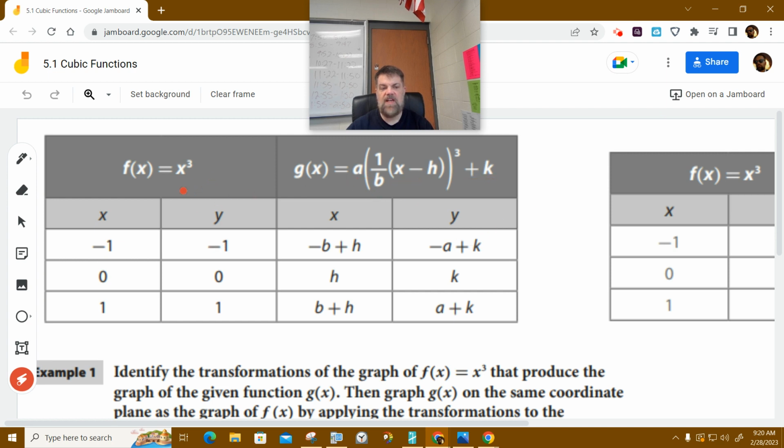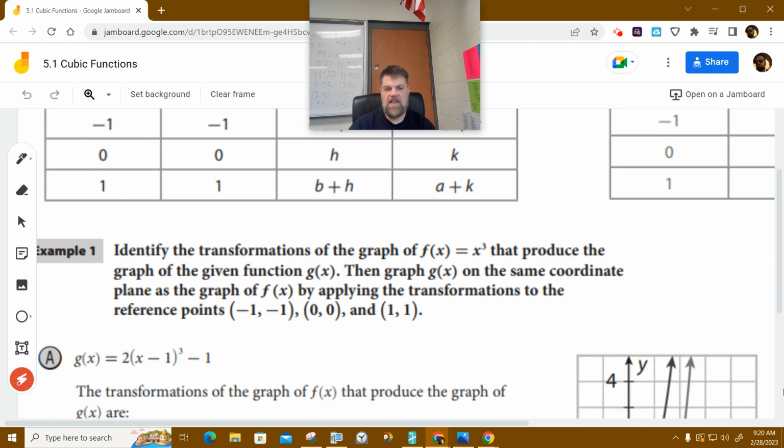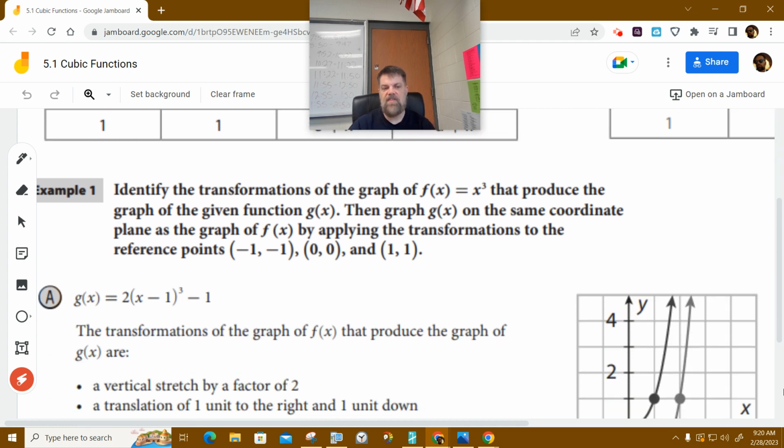So if I have some sort of cubic and I identify a, b, h, and k, that gives us some information. I was going to explain, but let's just dive in. What we want to do is identify the transformations of the parent function, x cubed, which is the parent function of the cubic, that produce the graph of the given function g of x.